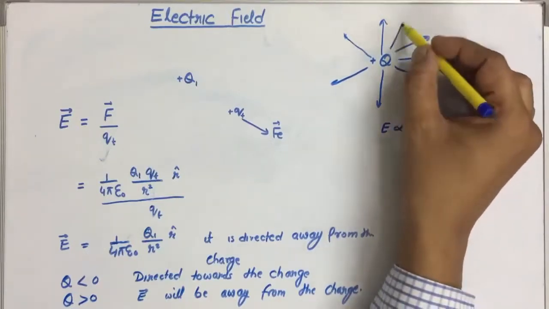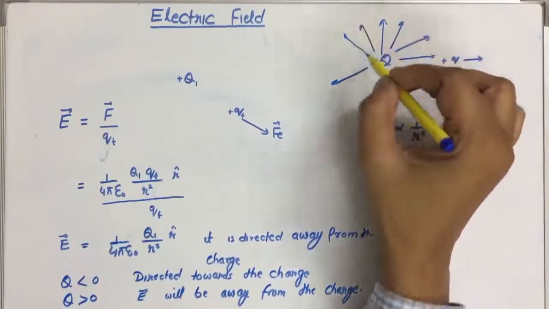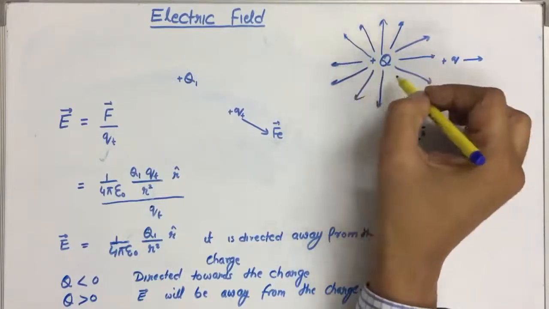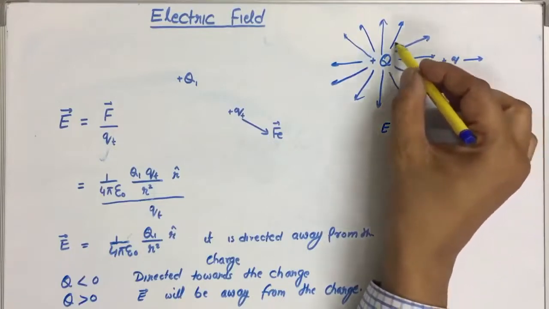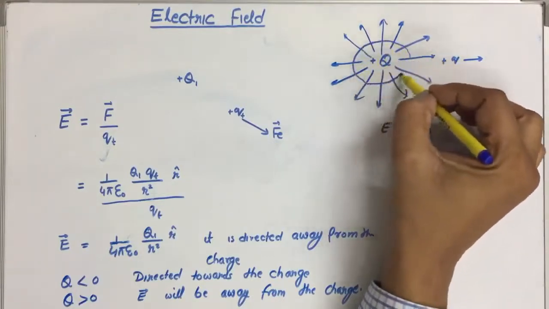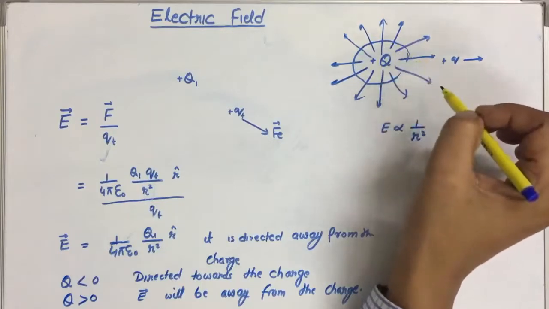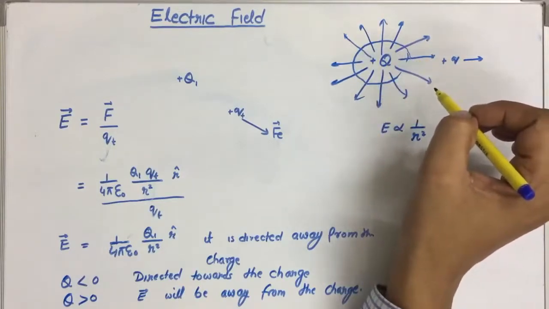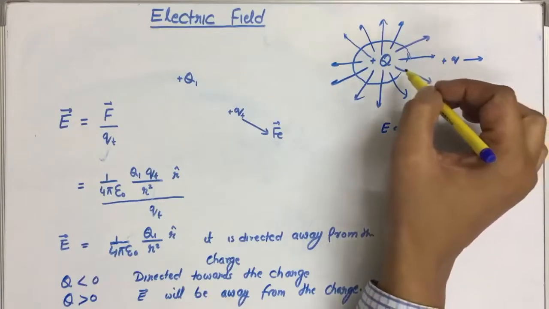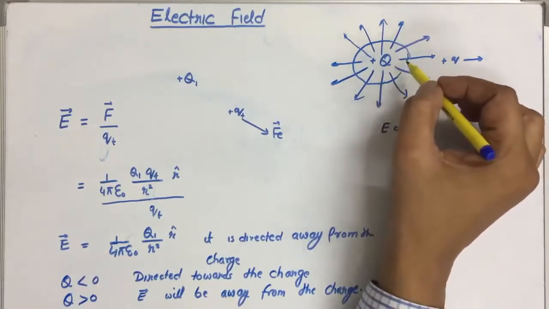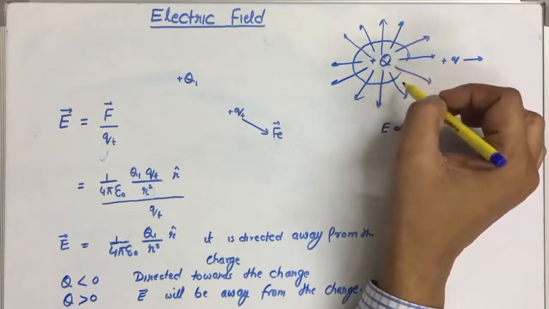So that we can understand here, if we make it more lines like that, and if you are here and coming towards near to the charge, source charge, the concentration of the lines becomes stronger.